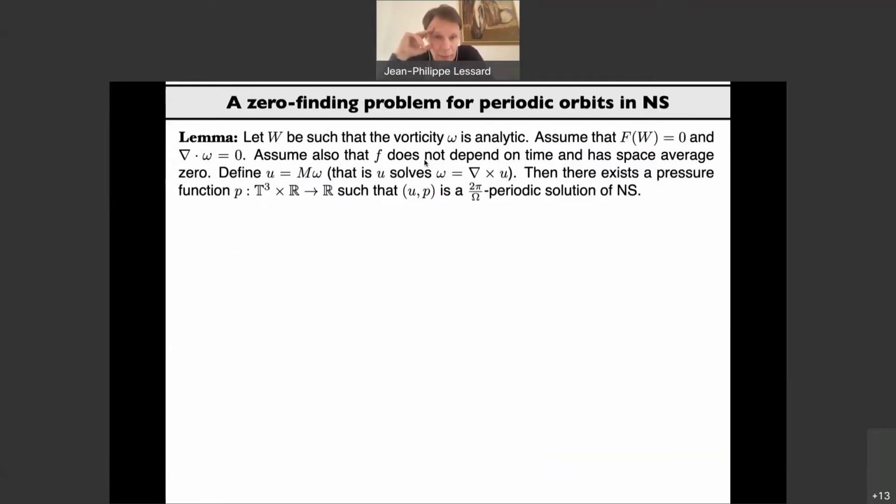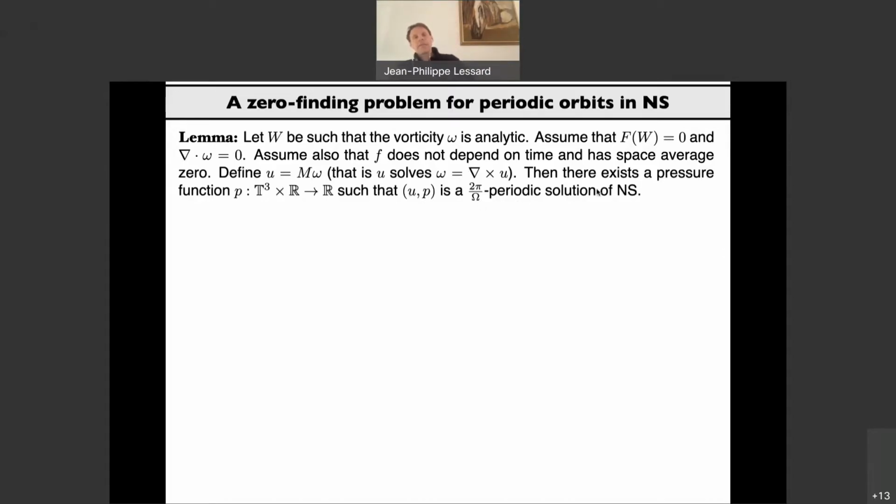So what you can do is that you can now define U to be, well, MW. So MW, that's a way to recover the velocity as a function of the vorticity. So U solves omega equal to the curl of U. Then, I mean, that's something that is really easy to do in Fourier space. Okay, so once you do that, then there exists a pressure function P, which you can really recover, from the 3-torus cross R into R, such that (U, P) is a 2 pi over omega periodic solution of Navier-Stokes.